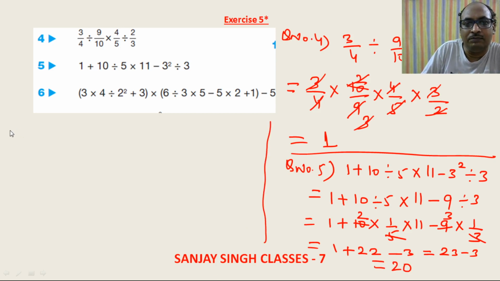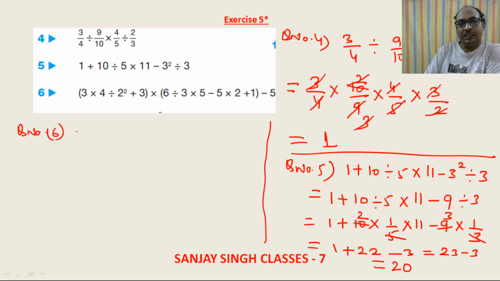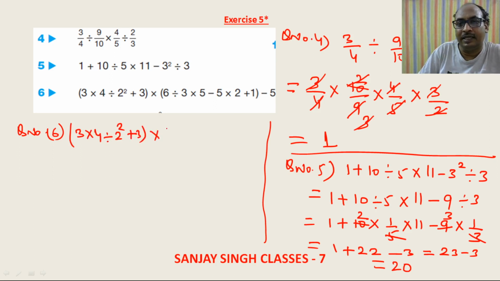Now question number 6. Question number 6 is 3 into 4 divided by 2 square plus 3 in under bracket. Then again bracket starts 6 divided by 3 into 5 minus 5 into 2 plus 1 bracket close minus 5.